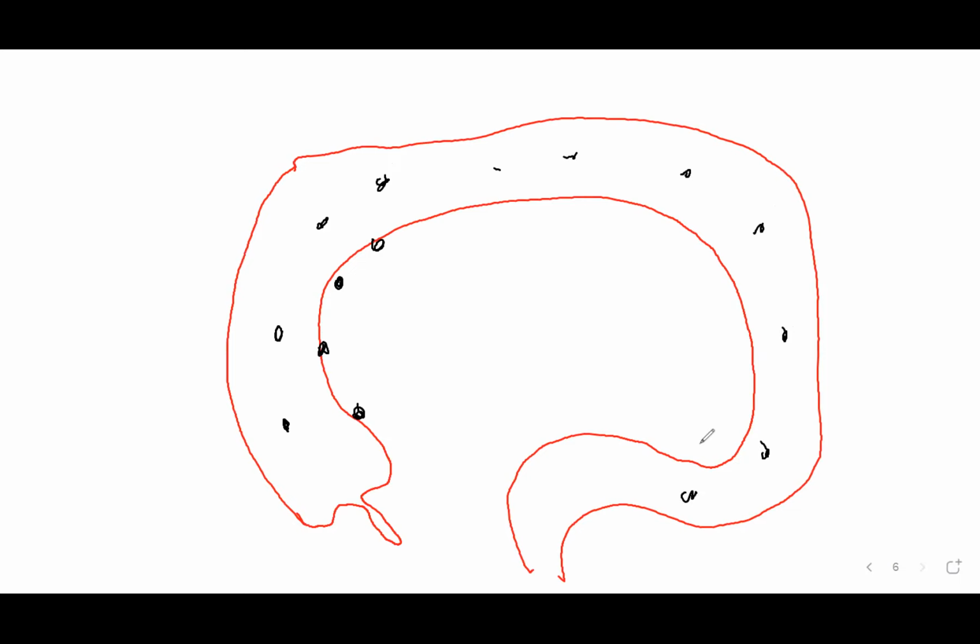And there are those that run along the blood vessels, along the branches of these blood vessels, because the lymphatics go along the blood vessels.